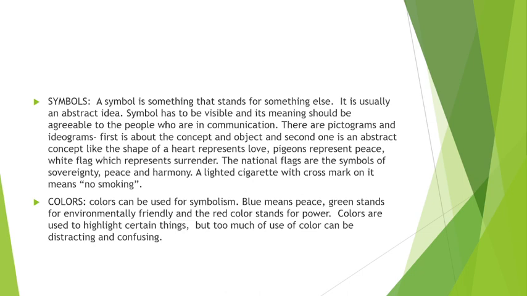National flags are symbols of sovereignty, peace and harmony. A lighted cigarette with a cross mark on it means no smoking. These are the symbols. A symbol can be of different types and can have different meanings.